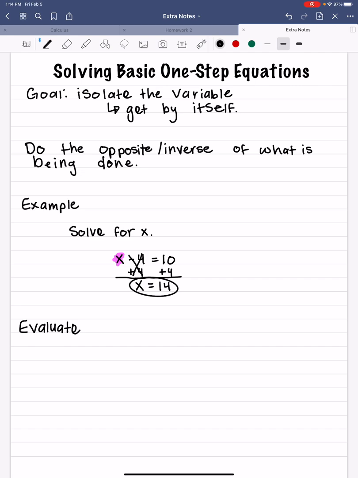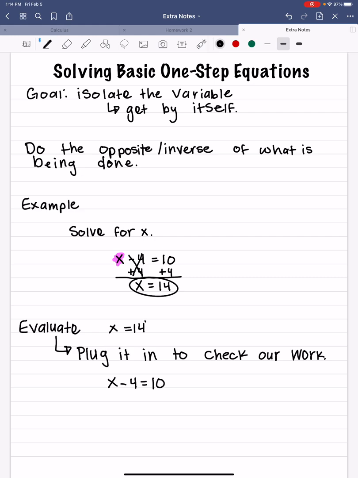Now, if we want to check our answer, we can evaluate. So we're now going to evaluate x equals 14. And that really just means that we're going to plug it in to check our work. So our original equation was x minus 4 equals 10.